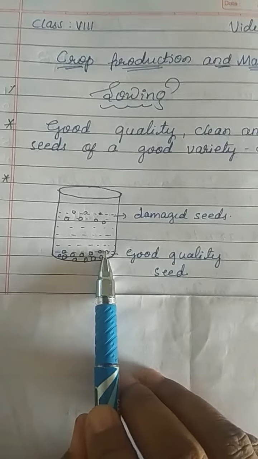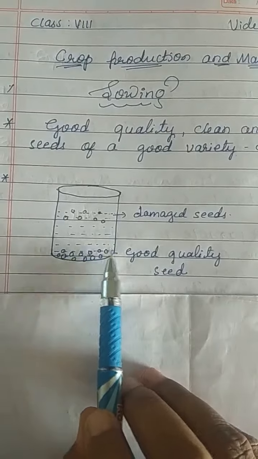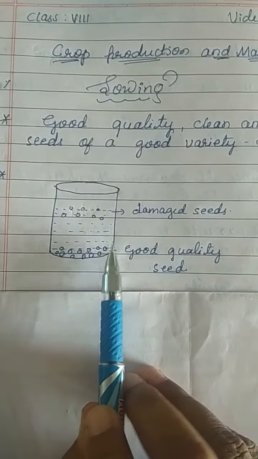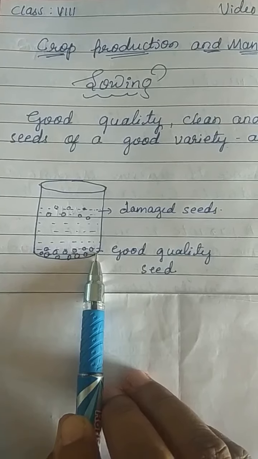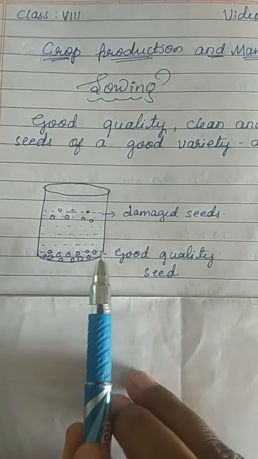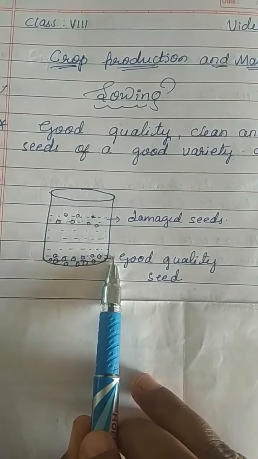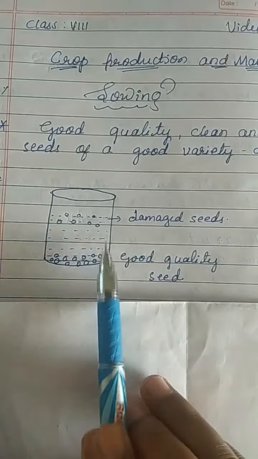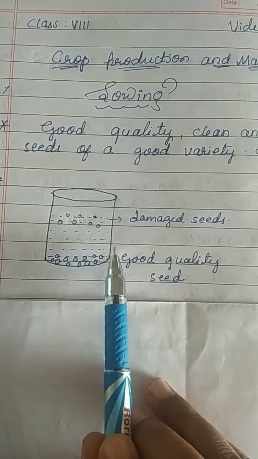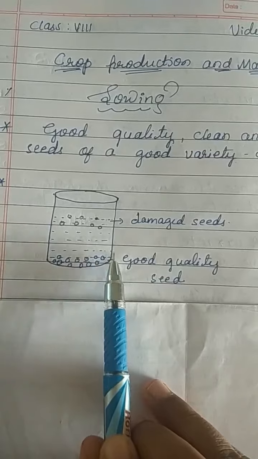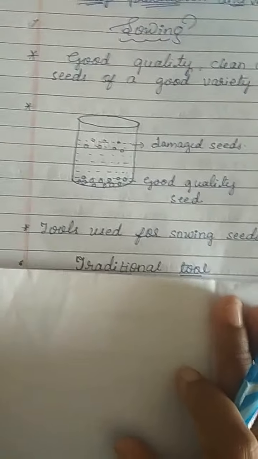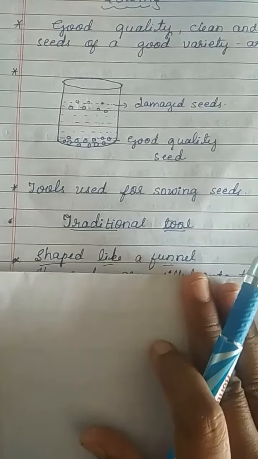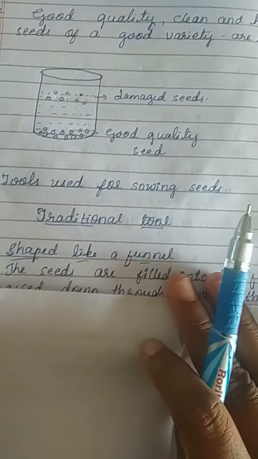Before sowing, one of the important tasks is to know about the tools used for sowing seeds. For plowing the field we used the plow, cultivator and hoe. It is also very important to know which tool is used for sowing seed. That is the traditional tool. Which is this traditional tool?